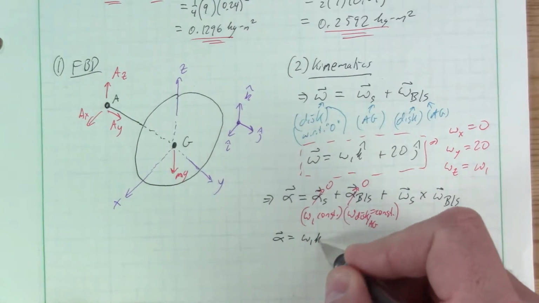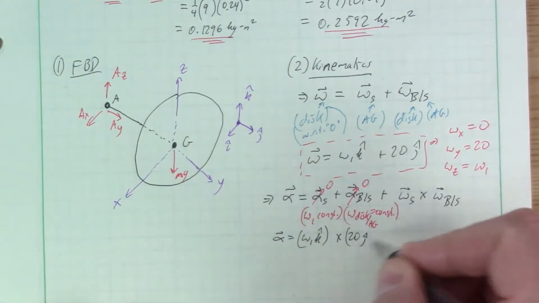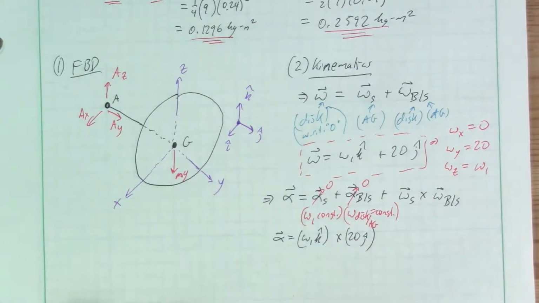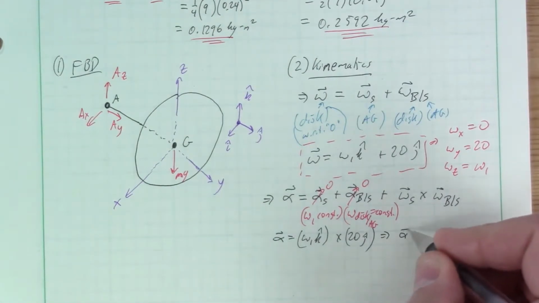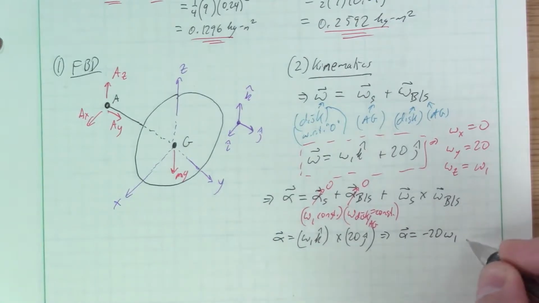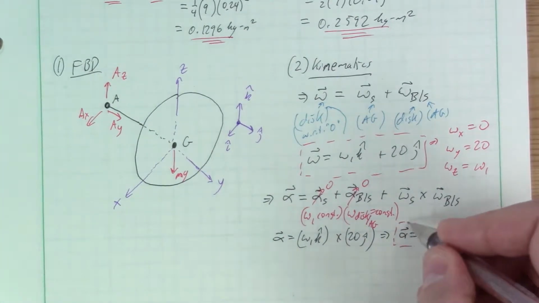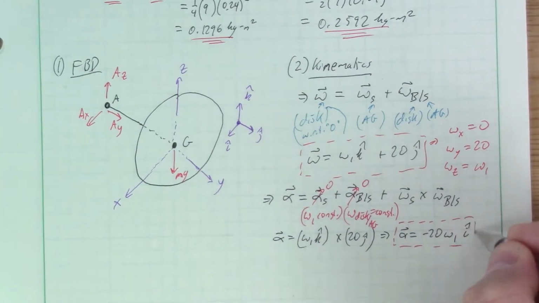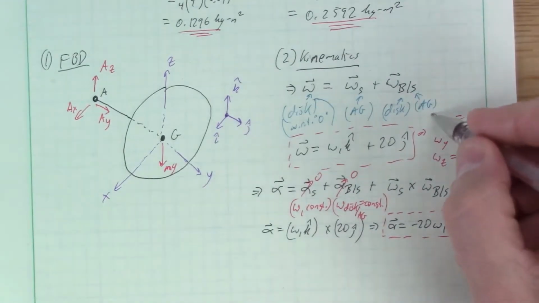This is omega 1 k hat crossed into 20 j hat. Okay, and k cross j, so here's where I'm using this. K cross j is in the minus i hat direction, and so we get that alpha is minus 20 omega 1 i hat. That's useful, and will be useful when we get to our Euler moment equations where we have those omega dots. These are our omega dots.